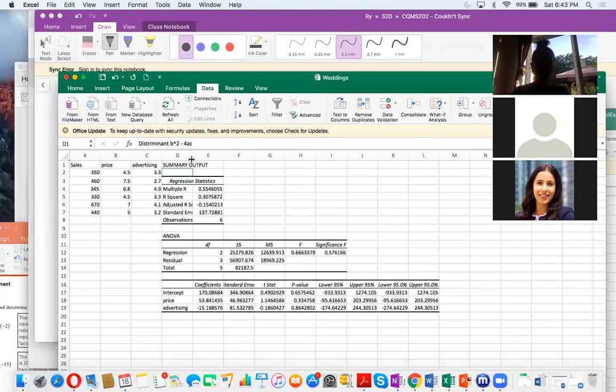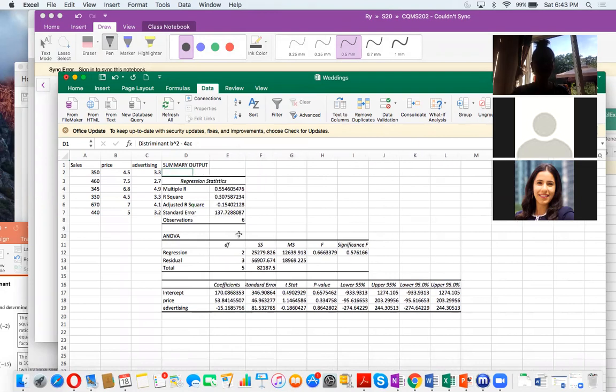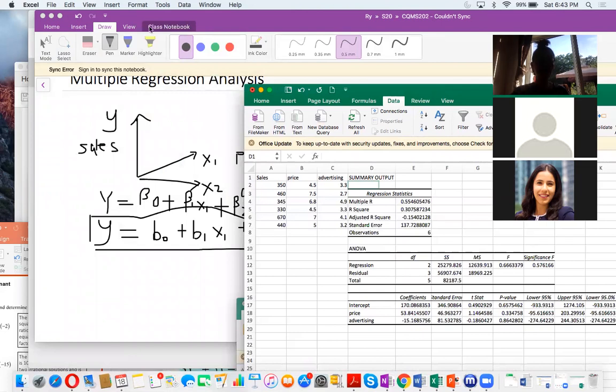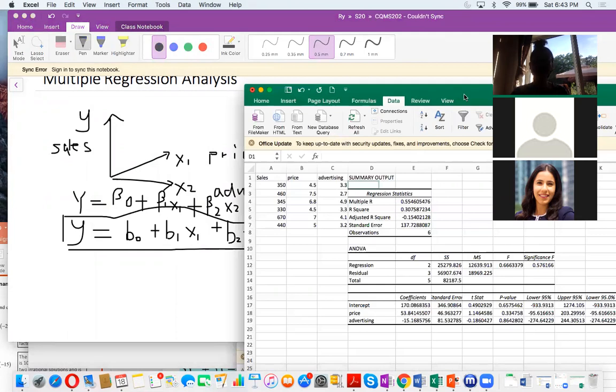So this is the summary report, as well as the ANOVA table here. Okay, so let's answer our first question first. How do you produce this linear equation? By the way, to save some time, I assume this linear model has met the conditions.